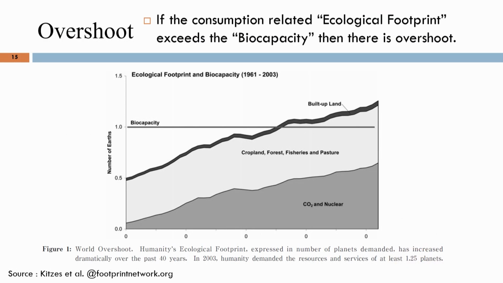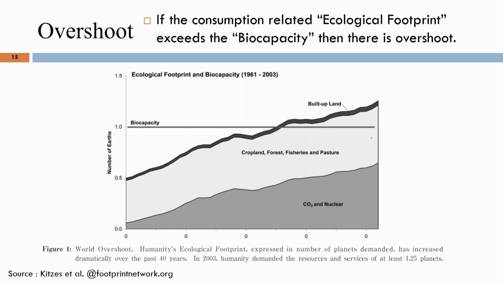So, we regularly calculate the overshoot. If the consumption related ecological footprint exceeds the biocapacity, then there is an overshoot. You can see that this graph is telling where we have overshoot. So, 1.0 is our biocapacity.